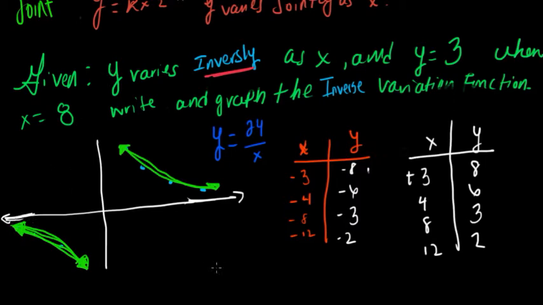It'll get as close to 0 as possible, but it will never reach 0 itself. Okay, that's why we say this graph is asymptotic to my x-axis.